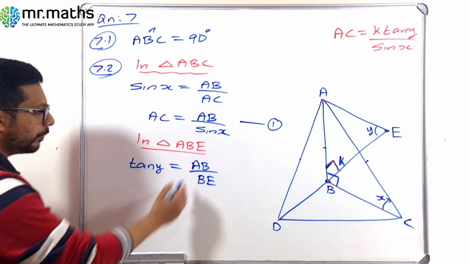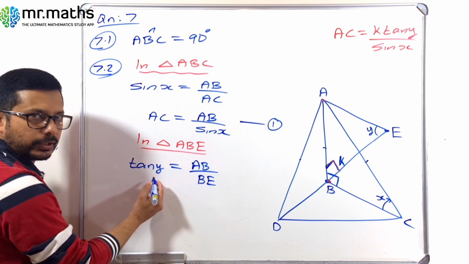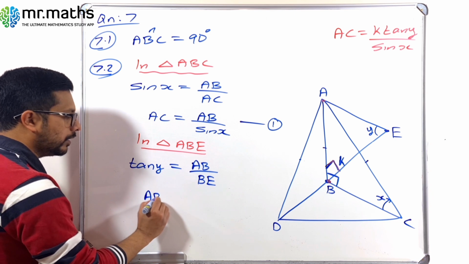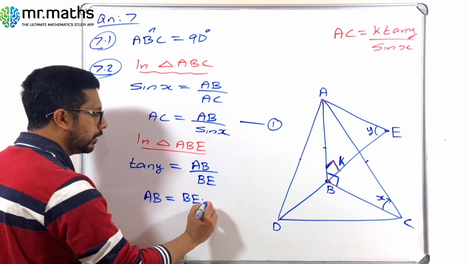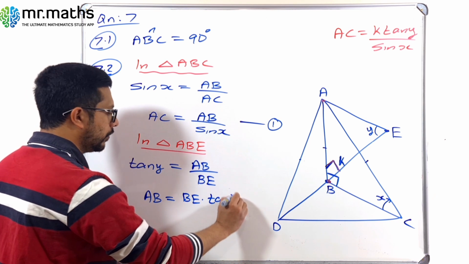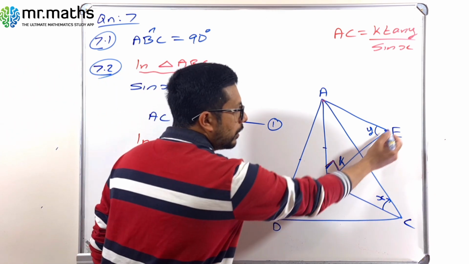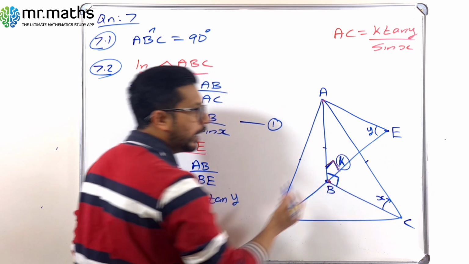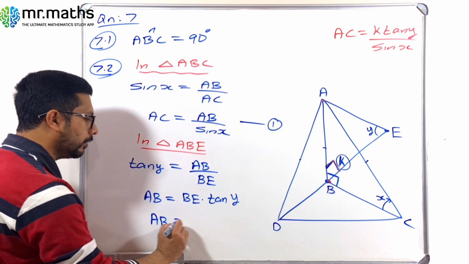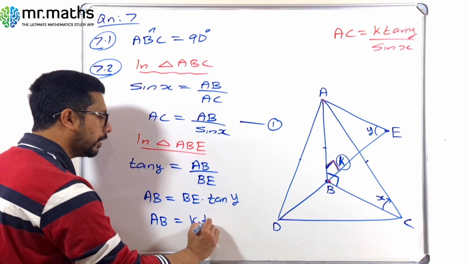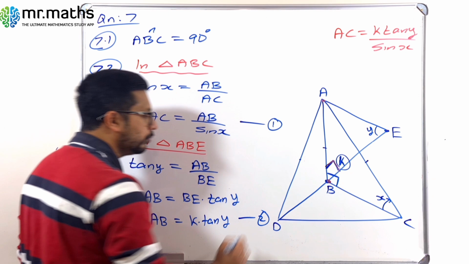So from here, what is AB? Cross multiply this one. AB is equal to BE times tan of Y. It is given that the length of BE is K. So AB is equal to K into tan Y. That is equation number 2.